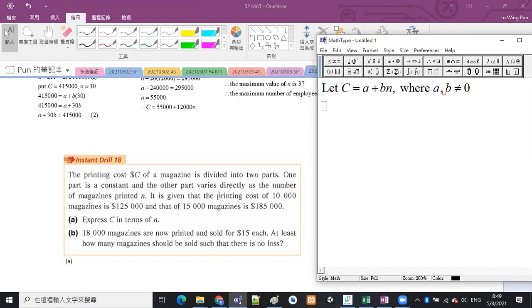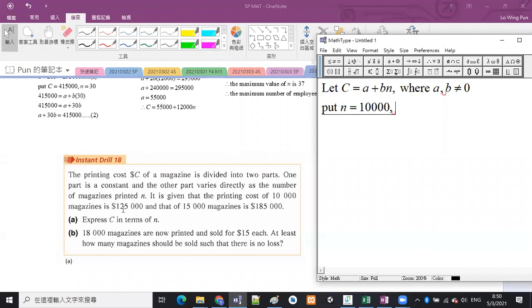And then we need to find two groups of numbers from the question to put into our equation to set up equation 1 and equation 2. So the first group of number is that it's given that the printing cost of 10,000 magazines is $125,000. So this is 10,000 magazines. That is the number of magazines. That is N. Okay, so we are going to put N to be 10,000.